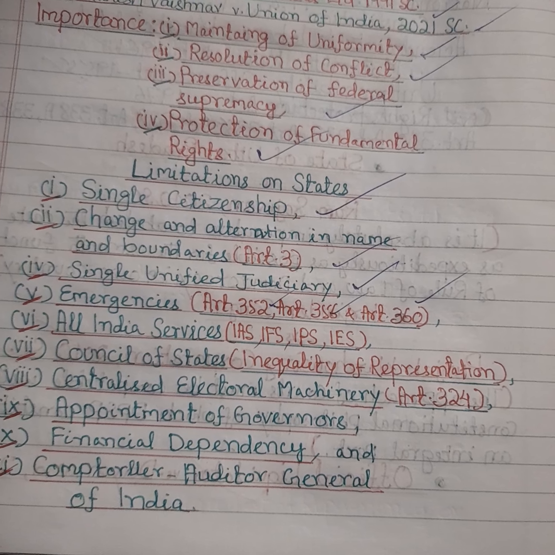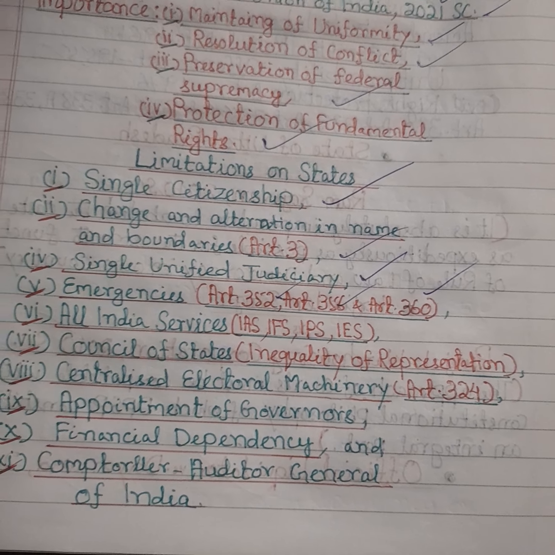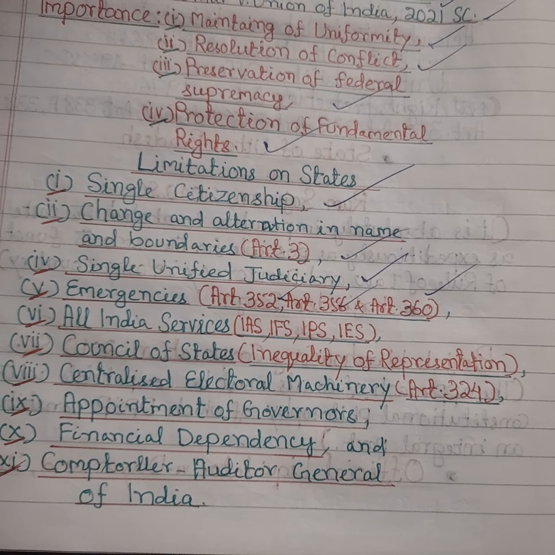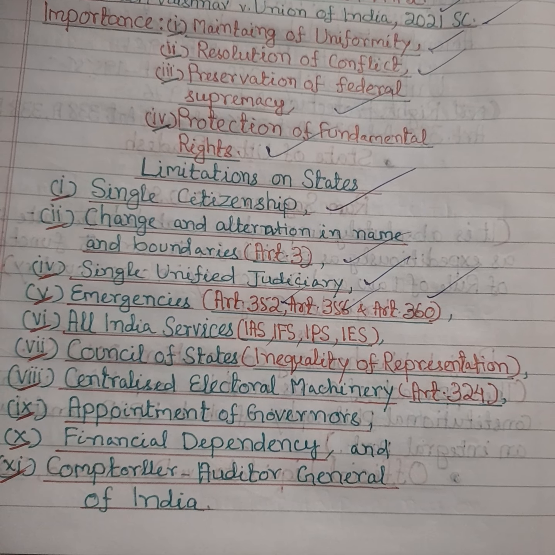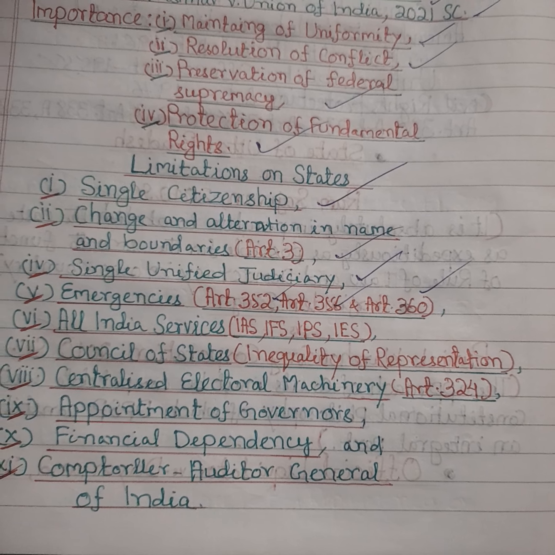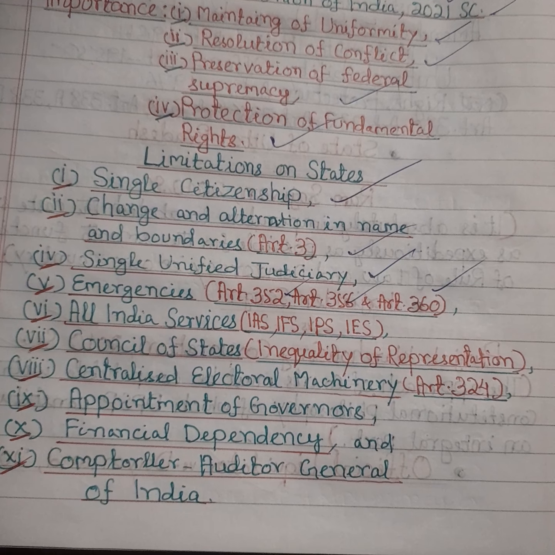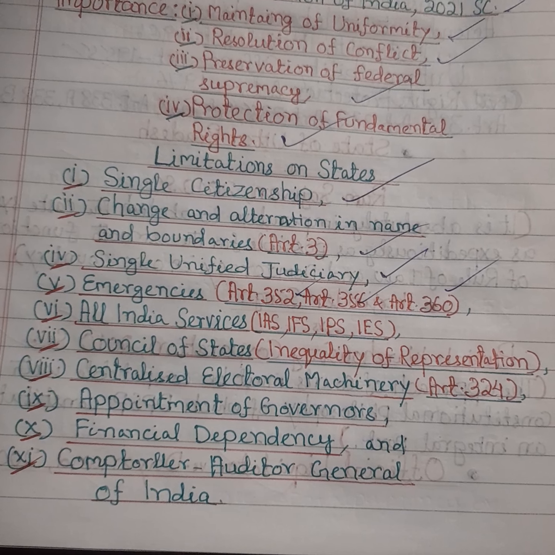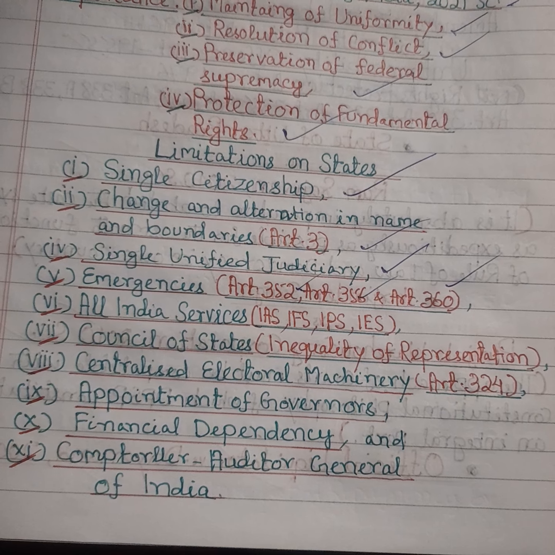Article 352 is concerned with national emergency, Article 356 relates to President's rule in case of breakdown of constitutional machinery in a state, and Article 360 relates to promulgation of financial emergency. The President of India, as provided under the Constitution, has been given more powers in the case of an emergency arising in India.